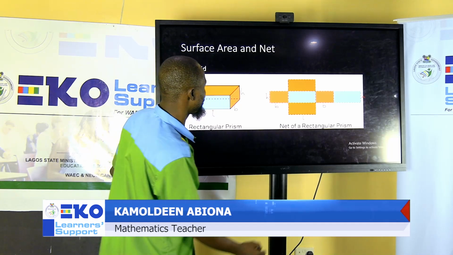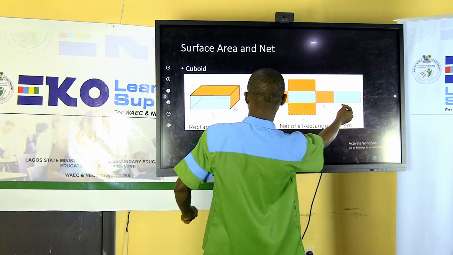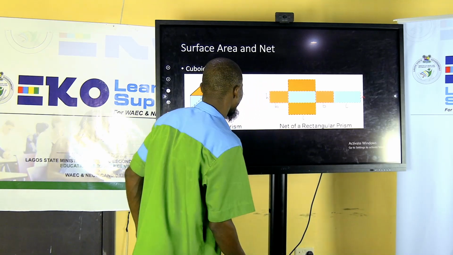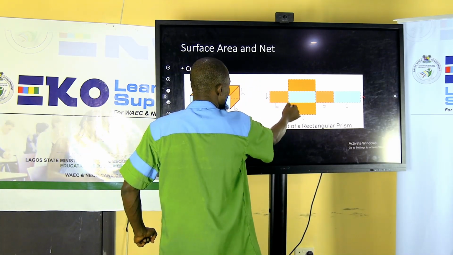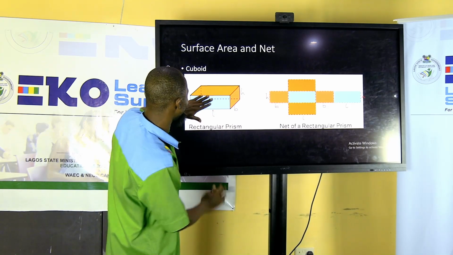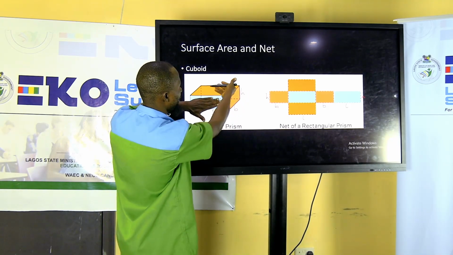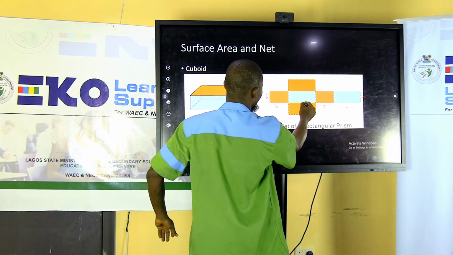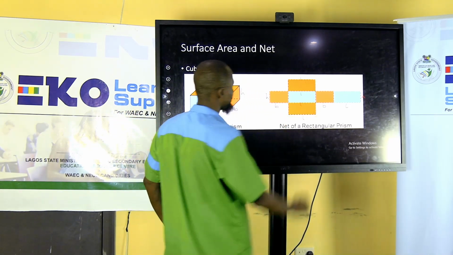So in that case, you can see this is also the length, and this one is here, this one is there. So this is length. This is length.